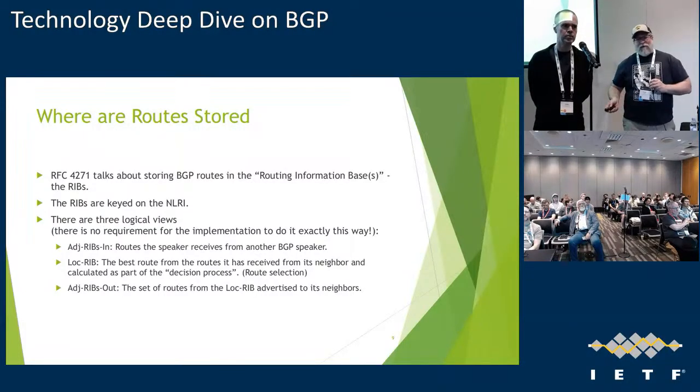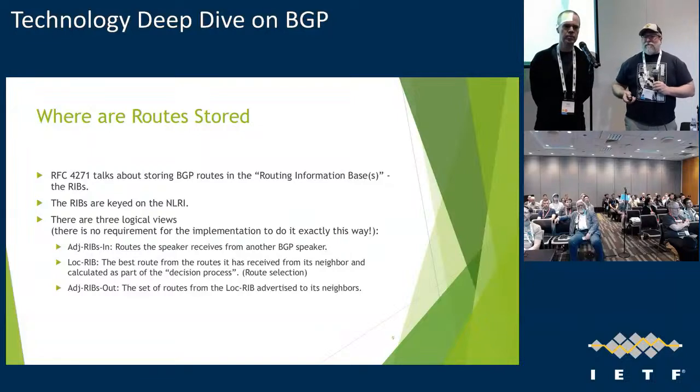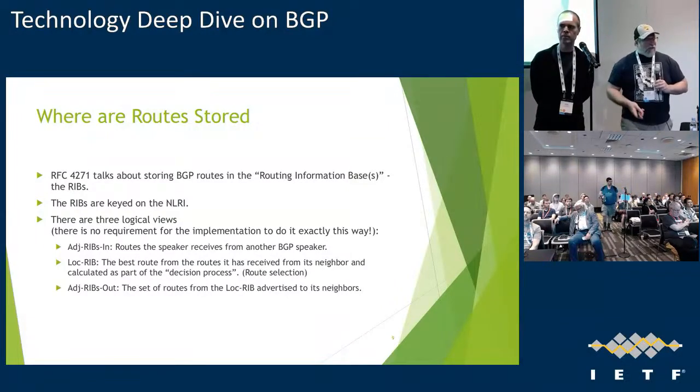And if you look at how we've classified things later over the years, there's sort of 5 logical views of a pre-policy, post-policy flavor. But the important pieces are there's a RIBs-in where you store the routes that you've been given. You have the local RIB, that's where you actually select the route, which we'll be talking very briefly on, but not as much as it deserves in the topic, as the active route that we've picked. And then when you go to distribute the thing, you have a RIBs-out view.